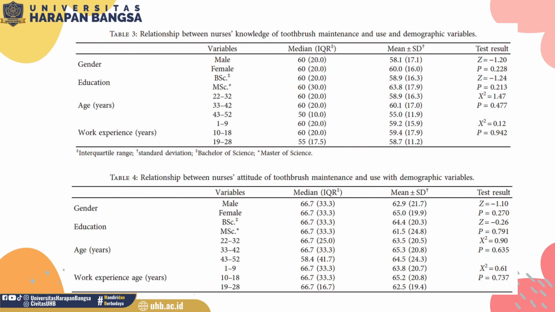And based on these tables, we can see that there was no significant relationship between the mean scores of nurses' knowledge, attitude, and practice variables and gender, education, age, and work experience.